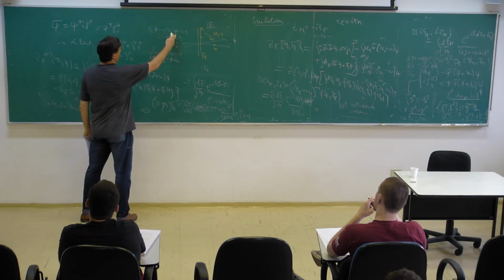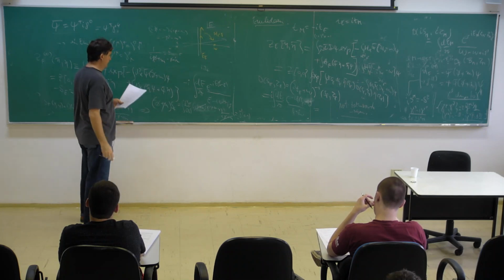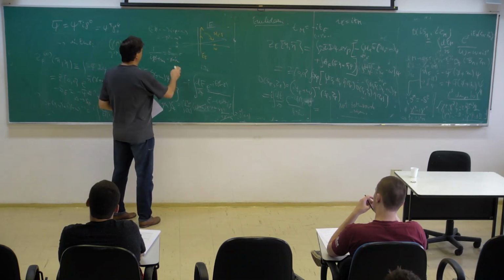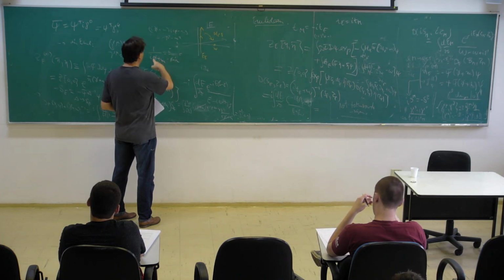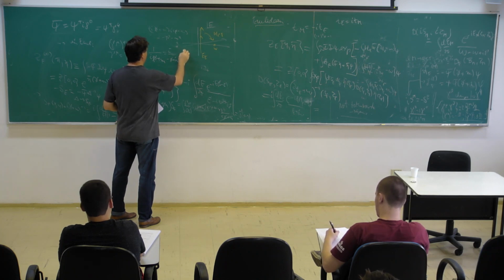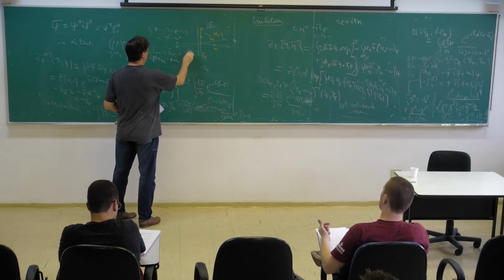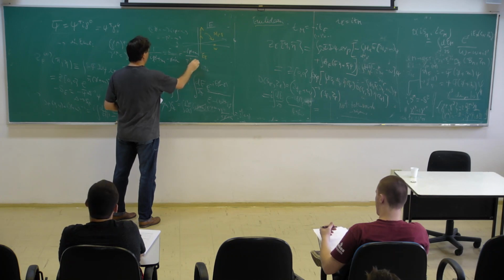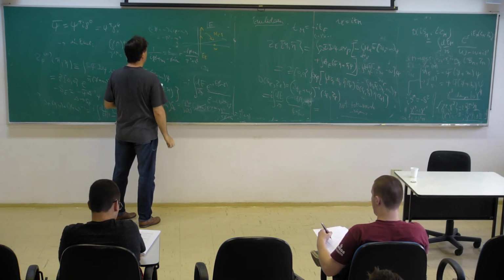So this is equal to minus p squared minus m squared. In other words, I can rewrite 1 over i p slash plus m as minus i p slash plus m over p squared plus m squared.